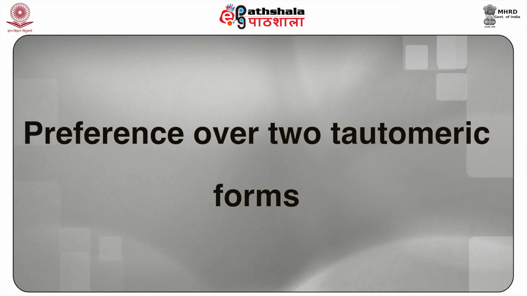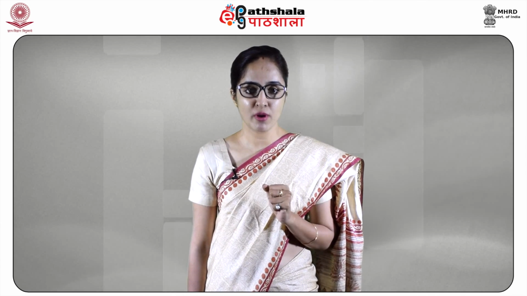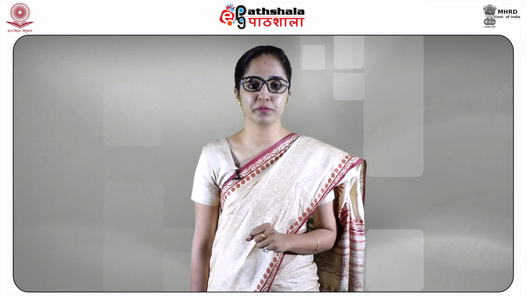The next application of UV visible spectroscopy is the preference between two tautomeric forms. If a molecule has two tautomeric forms, then the preference of one structure over the other can be detected by the use of UV visible spectroscopy.